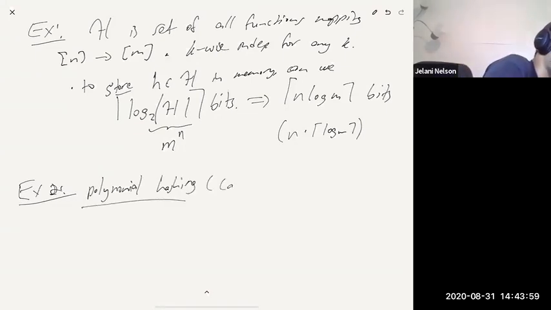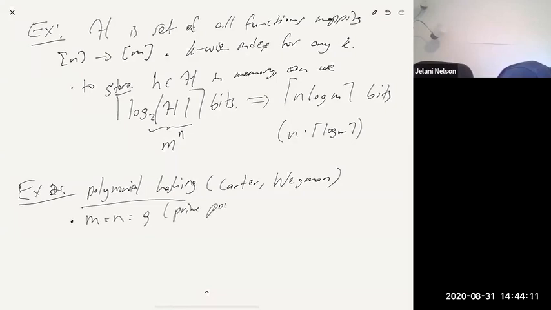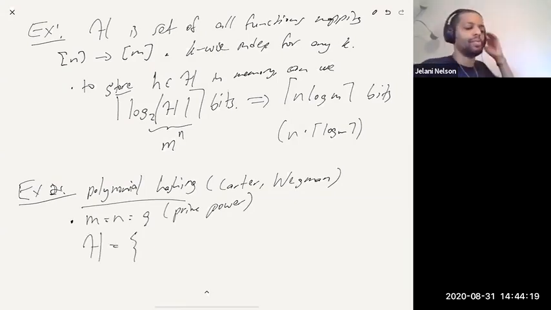And this is due to Carter and Wegman from the 70s. And the idea there is, look, let's say that m equals n equals q, which is a prime power. Then I'm going to let the family of hash functions h be basically the set of all polynomials of degree less than k over the finite field F_q.